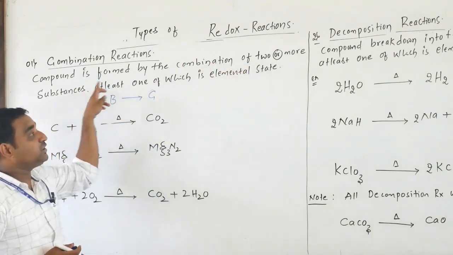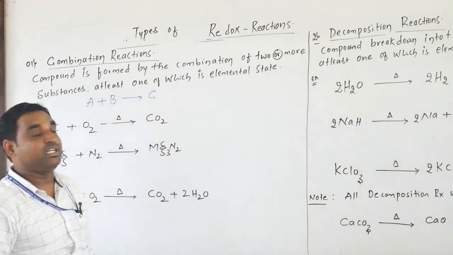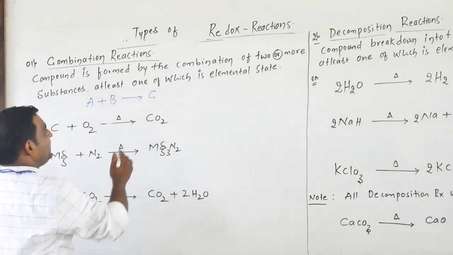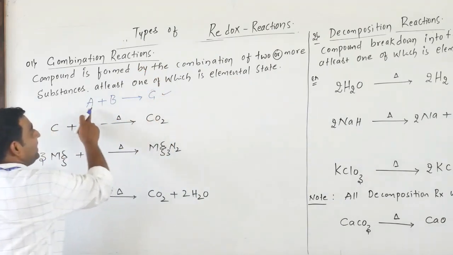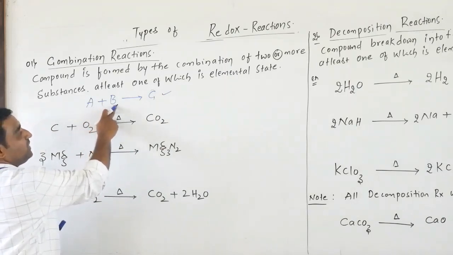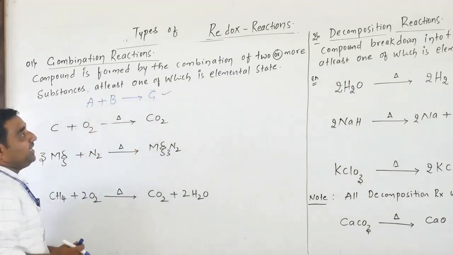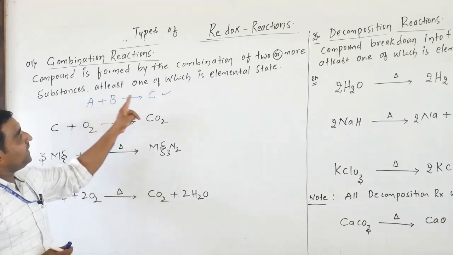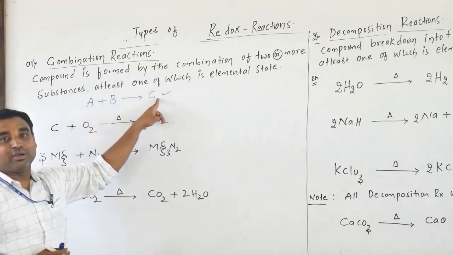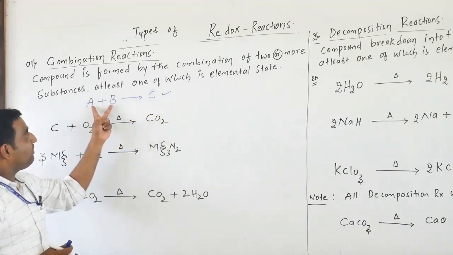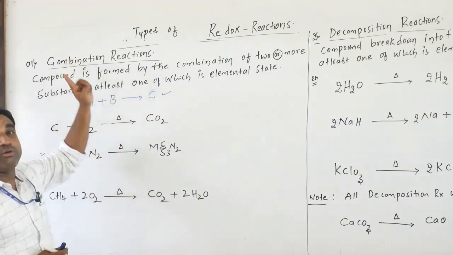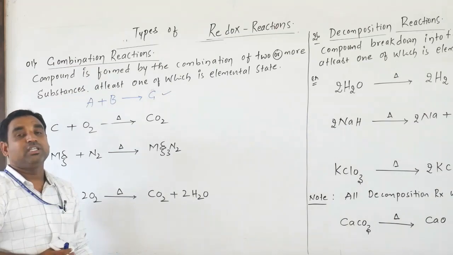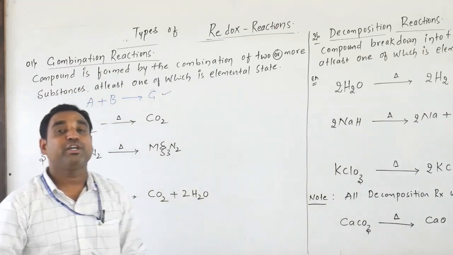Among that, at least one will be in the elemental state. Hypothetical example: substance A combines with B to form C. This is also one of the types of redox reaction.